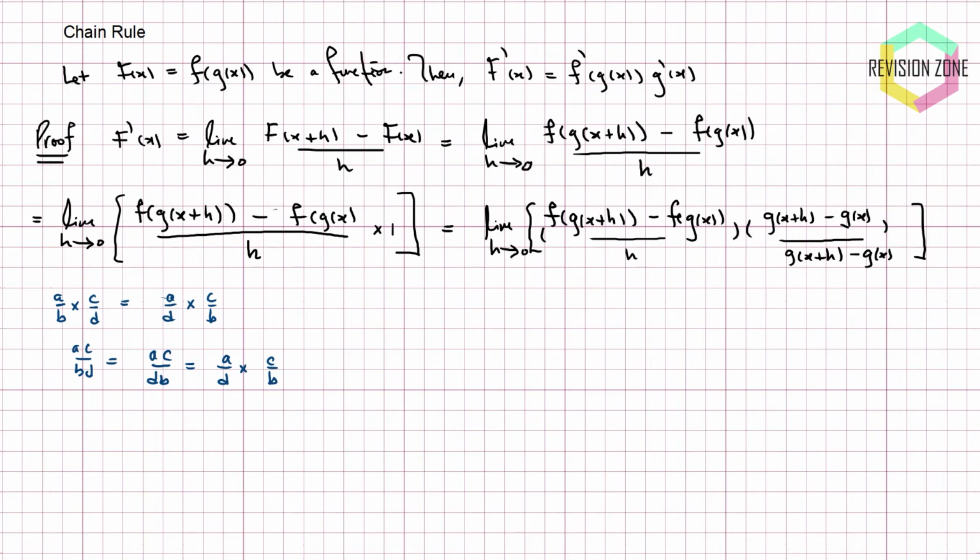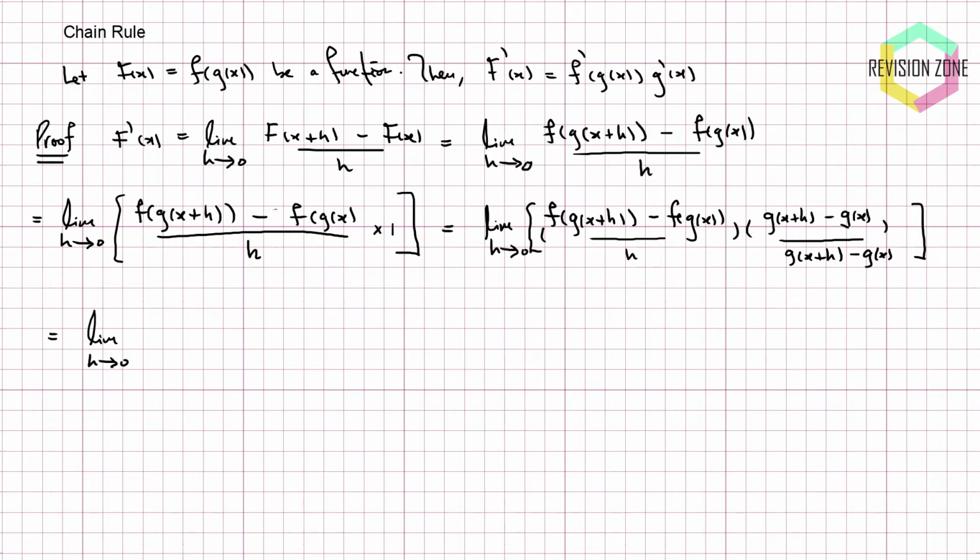So let me tidy this up, and apply that very directly. I'm going to have the limit as h tends to 0, swap that, and leave everything else alone.